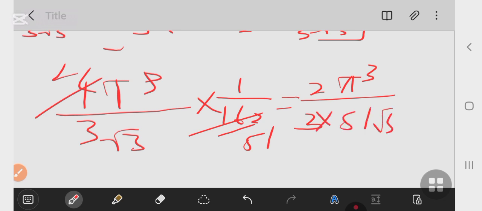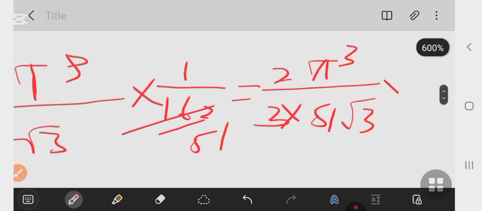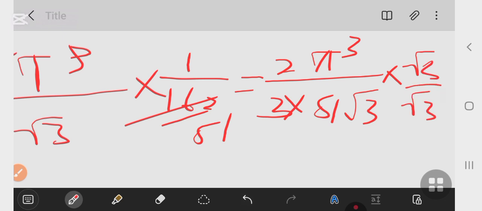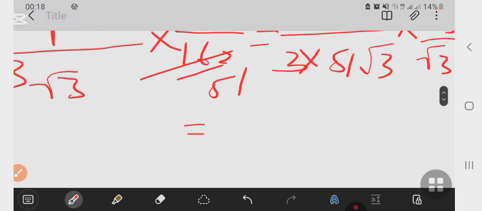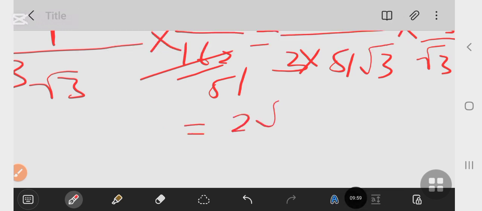Now, if I am to rationalize this surd, I'll be left with that this is 2 root 3 all over 729 pi cube.